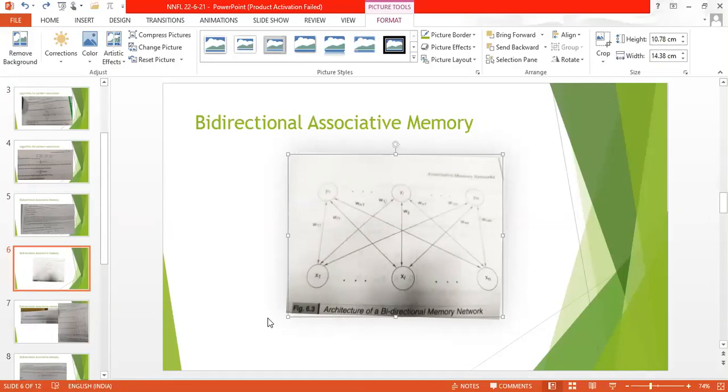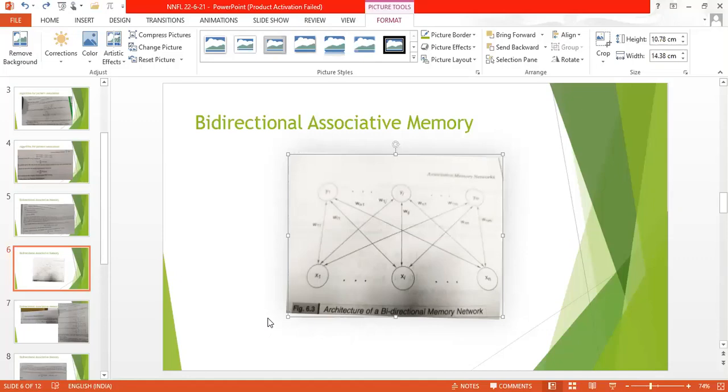One of the important features of this bidirectional associative memory is that there exists wide interconnection from the X layer to the Y layer and vice versa. The link between one layer and the other is indicated by an arrow pointing on both sides. The weights are adjusted between X layer to Y layer and also from Y layer to X layer.